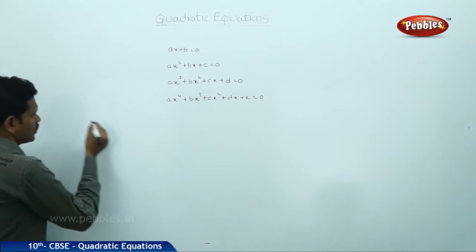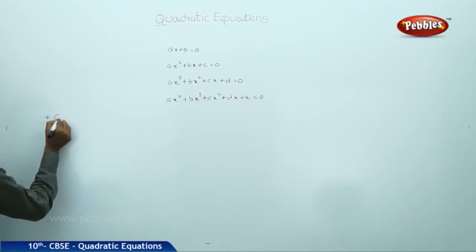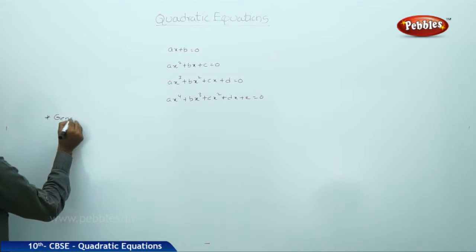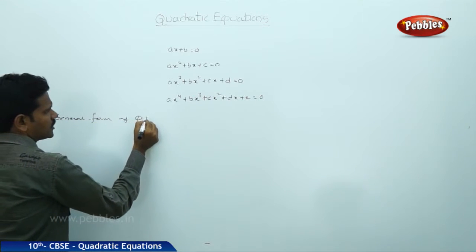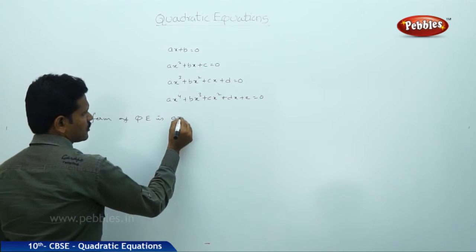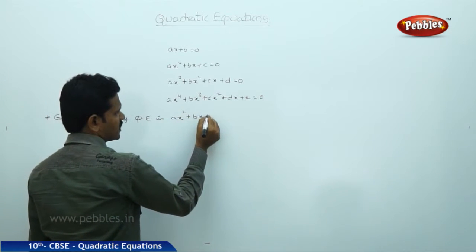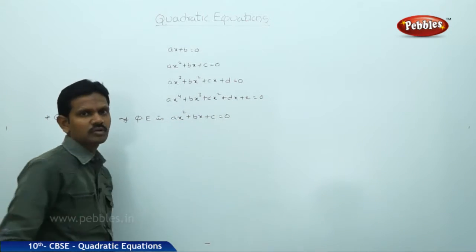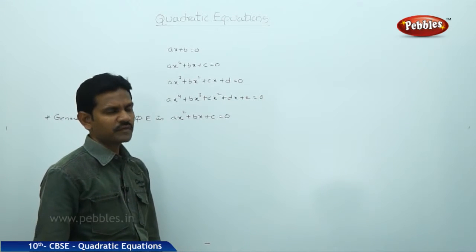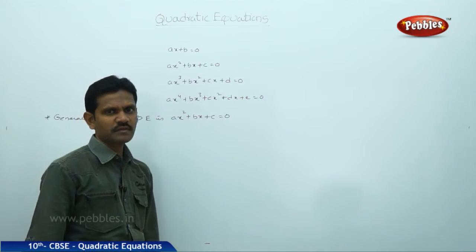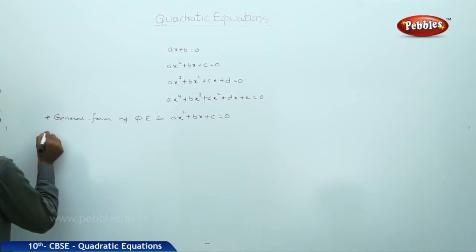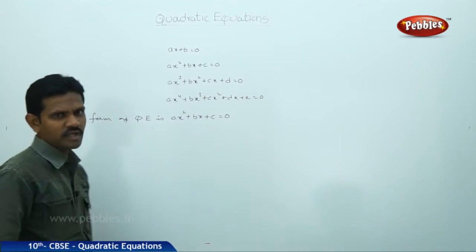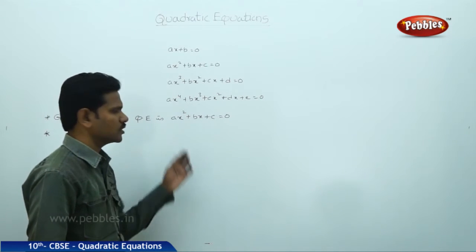Okay, now let us see the general form of a quadratic equation: ax square plus bx plus c is equal to 0, where a is the coefficient of x square, b is the coefficient of x, and c is the constant. The maximum number of roots of a quadratic equation is 2.